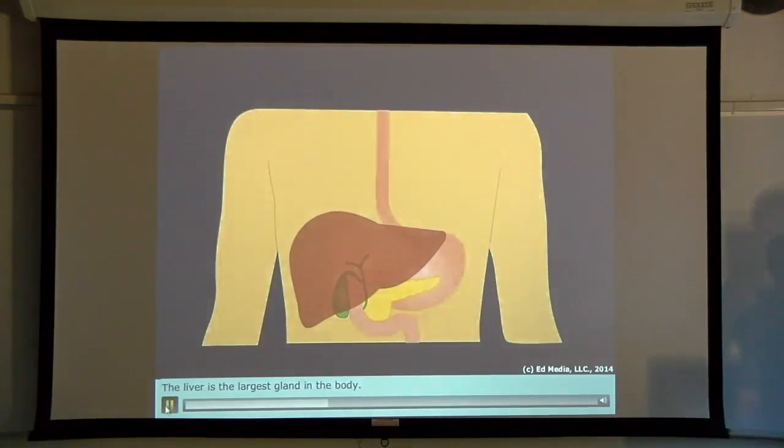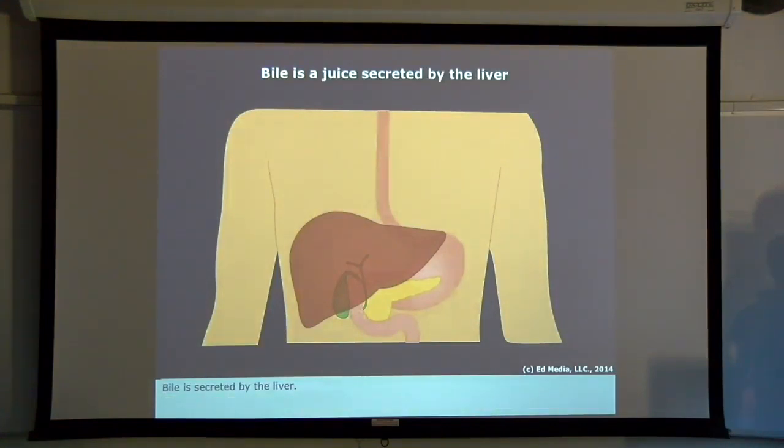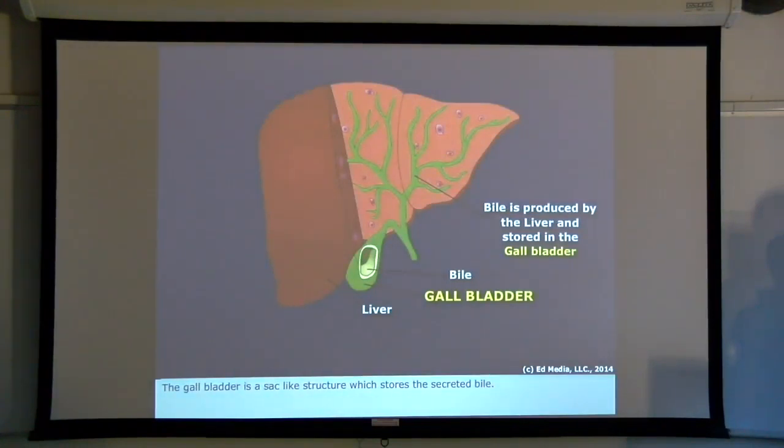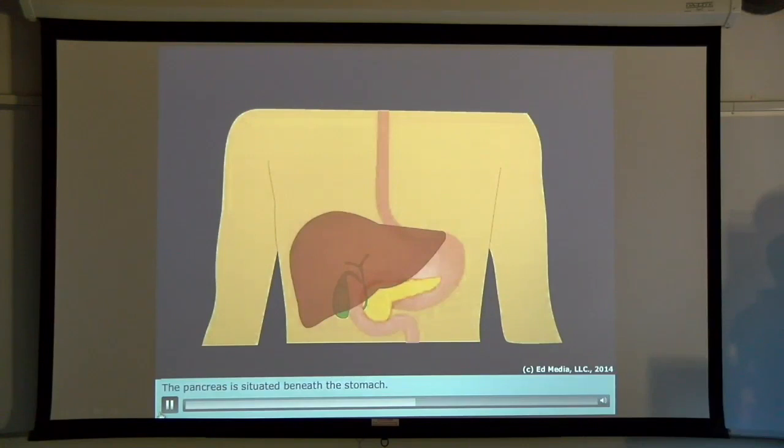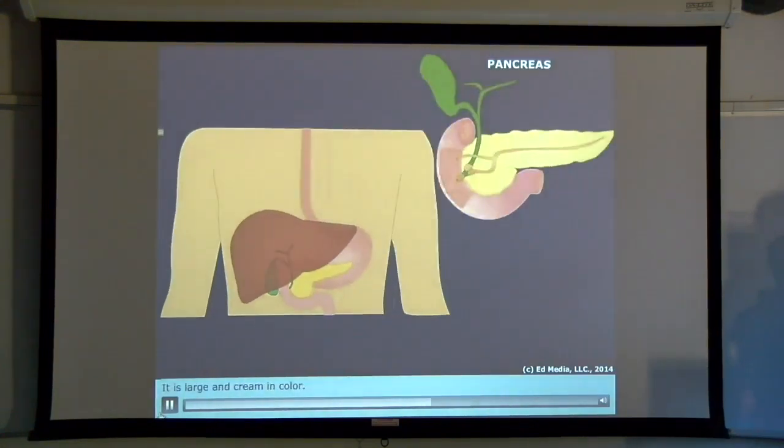The liver is the largest gland in the body. Bile is secreted by the liver. The gallbladder is a sac-like structure which stores the secreted bile. The bile is used in the digestion of fats. The pancreas is situated beneath the stomach. It is large and cream in color.